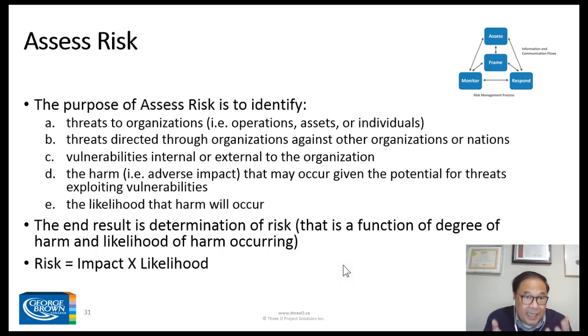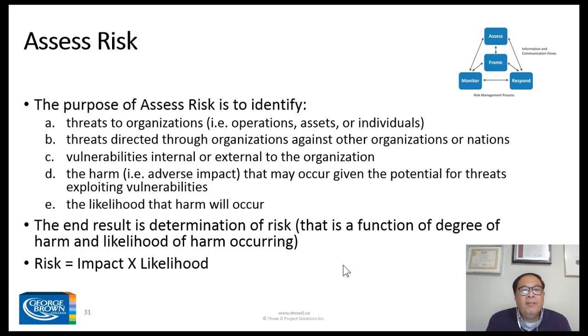Assess the risk. That's mostly what we're doing: we want to evaluate what is the threat to the organization from different levels. What are the threats directed at the organization, against other organizations, nations; the vulnerabilities, either internal or external; the harm or adverse impact, the bad effect that may occur if the potential threat gets exploited by exploiting the vulnerability; and the likelihood that the harm will occur.